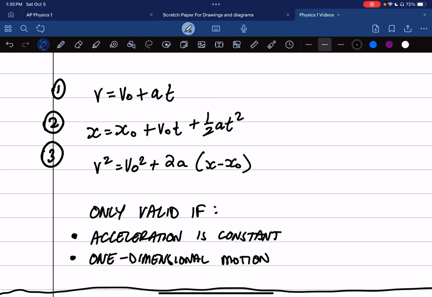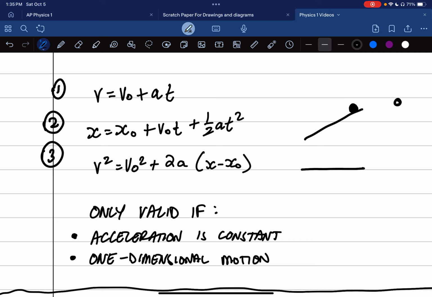These equations, it's important to note that they are only valid if the acceleration of the object is constant and if the motion of the object is one-dimensional. That means along an axis. So like if you have your x-axis like this, you can even have a tilted axis. Like for example, a ball that's rolling on a slope would still be one-dimensional.